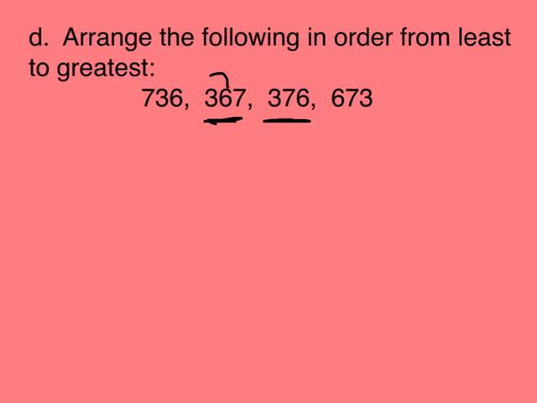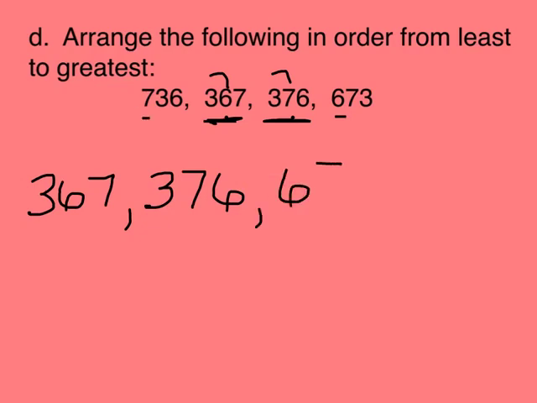We've got a 6 here and a 7 here. So 6 is smaller than 7, so our very smallest number here is going to be 367, followed by 376. And then we know that 6 is smaller than 7, so the next one is going to be 673, and then the final number is 736.